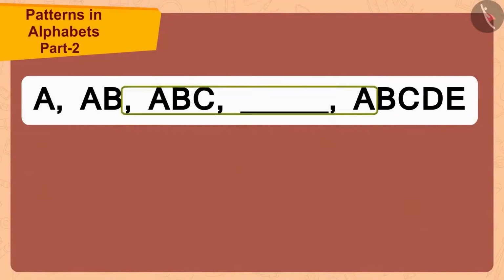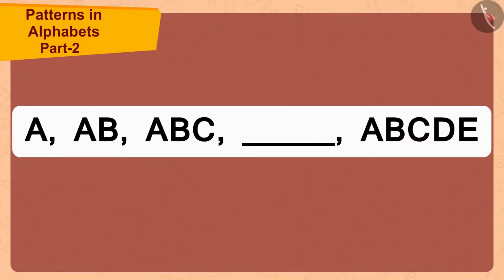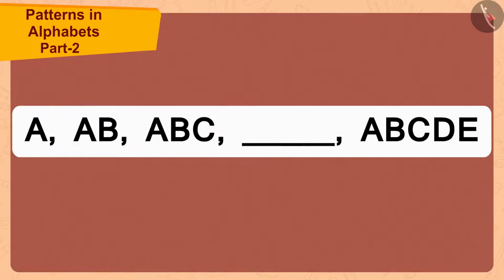If we look at this pattern closely, we will find that every time the letters are being repeated, the next letter is being added to it. Like the first letter is A. The next time A is repeated, B is added to it.